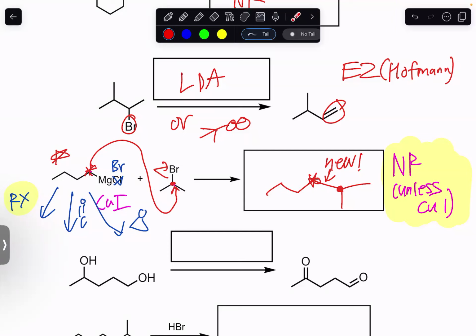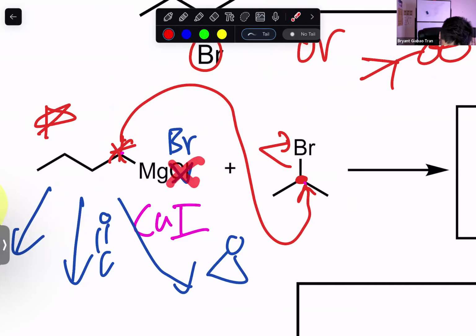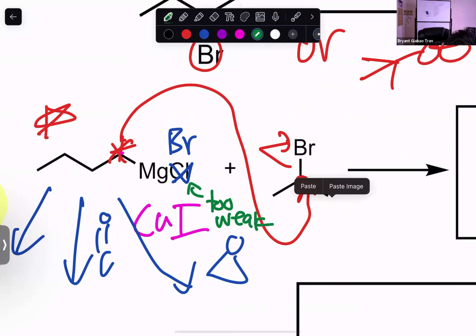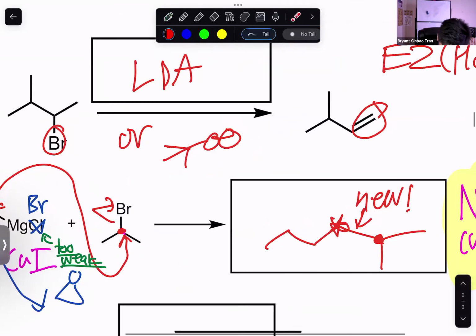With MgBr it went through with the reaction? Yeah, and it was still a secondary haloalkane. Oh, that's interesting. I've never seen that before. Learning something new. So Cl minus, you could think of that as too weak to react. If it was MgBr, you would get this as the answer.